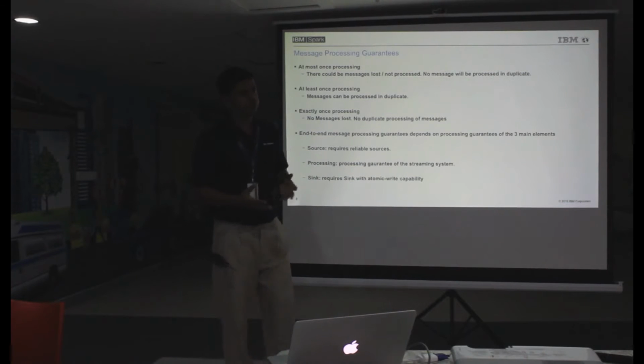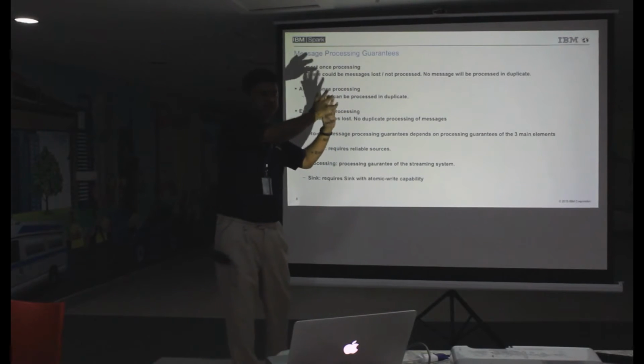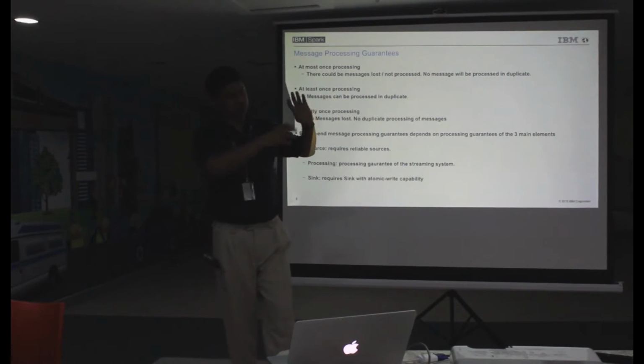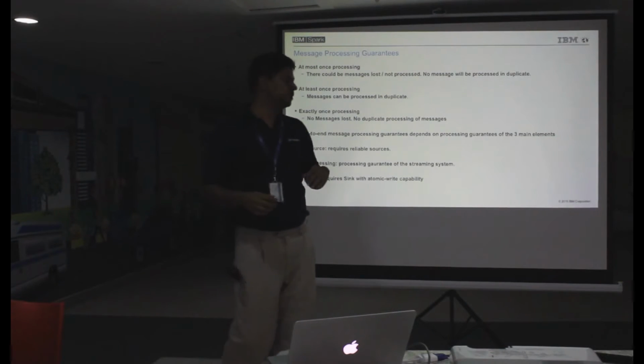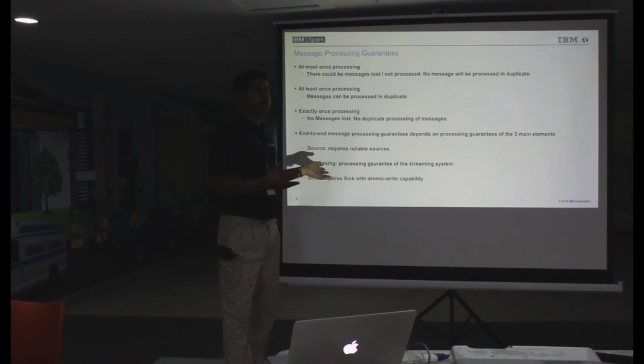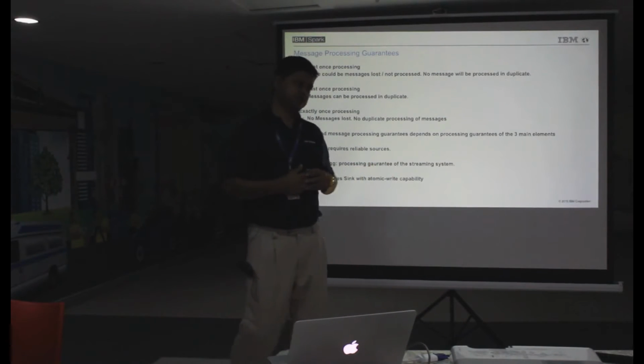Processing. Now this depends on whether your streaming system itself can guarantee that, once you've ensured that how I get messages from the source is reliable and I can replay, inside my processing, those modules, whichever system we have, can guarantee that I'll process the data exactly once, right?